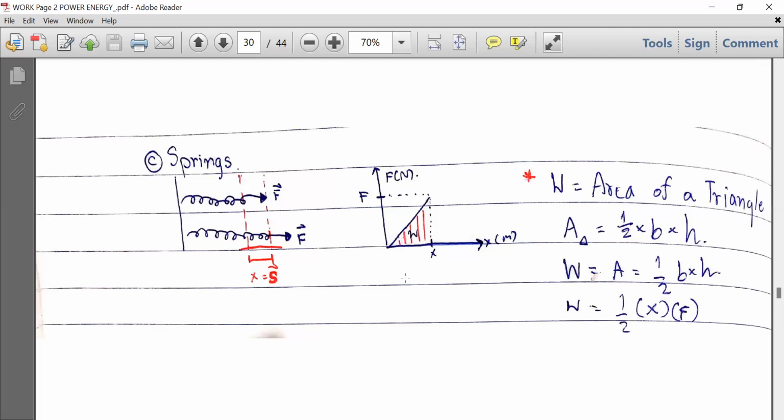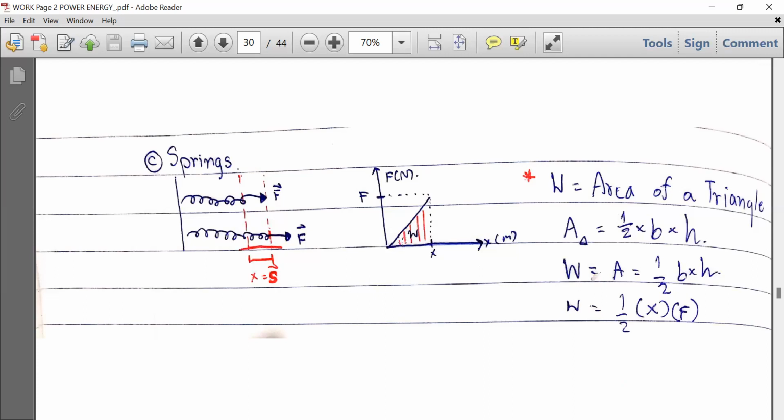When you graph it, it gives you a graph that looks like this one. Remember that the bigger the force you apply, the longer the elongation of the spring. So F and X are directly proportional to each other. It gives you a straight line graph like this one.